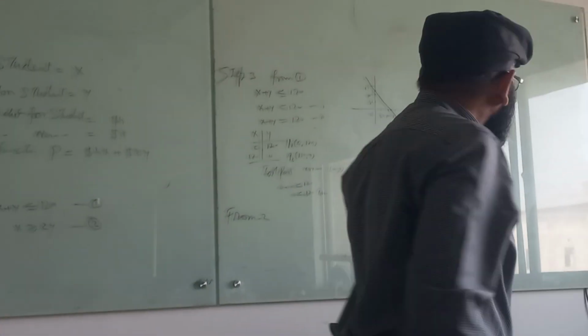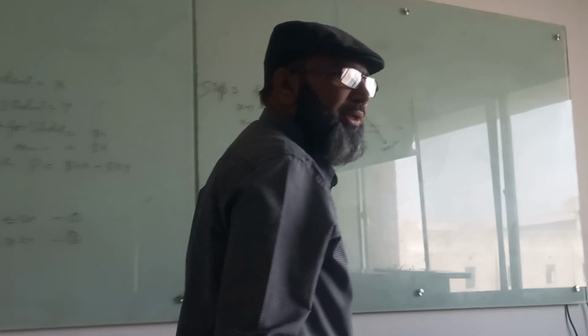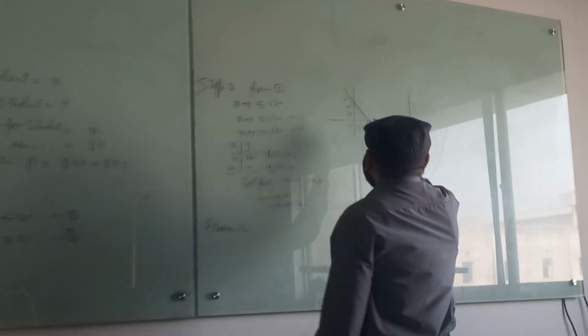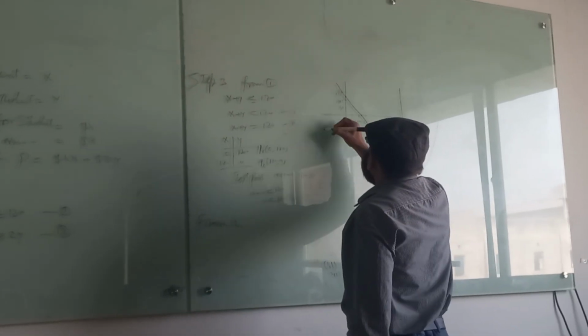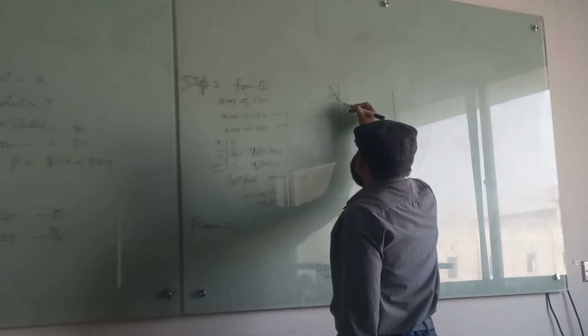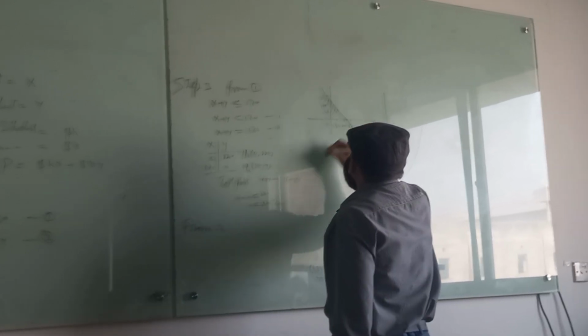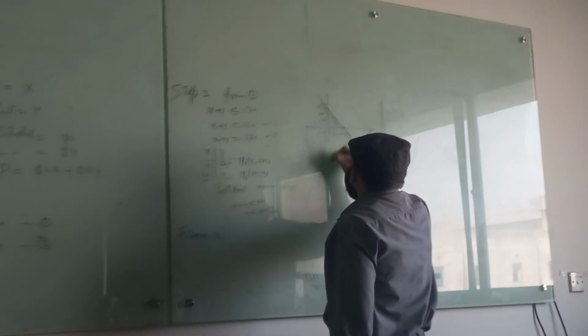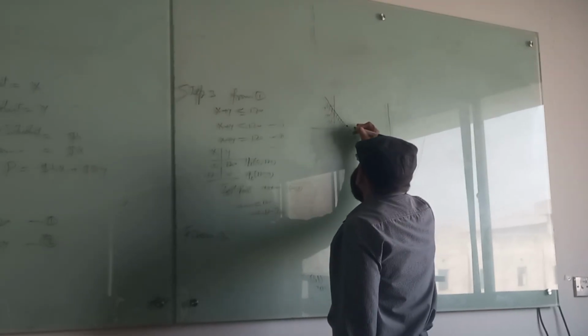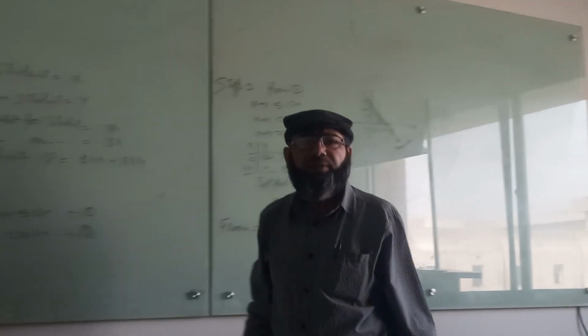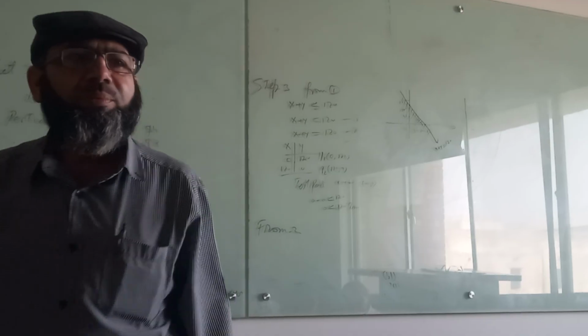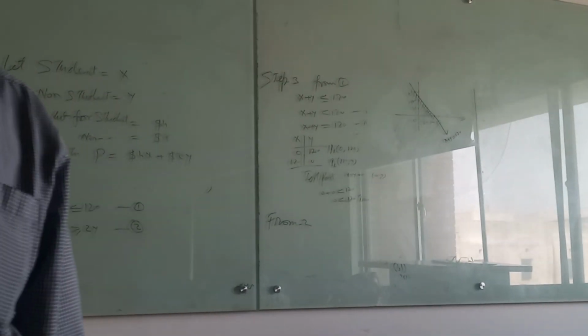True. So shaded area is towards the origin, including the boundary line. Including boundary line. Okay.